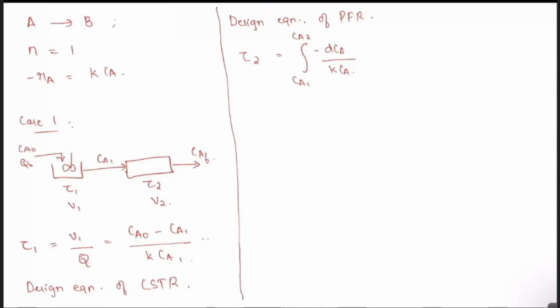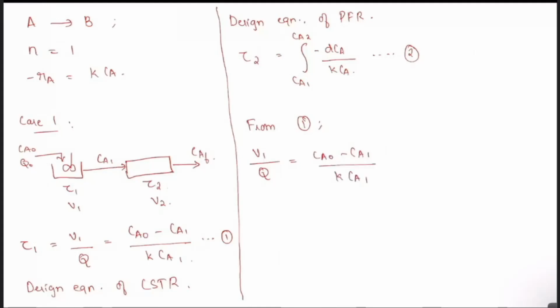So let us take this as equation 1 and this as equation 2. So now from equation 1 we have V1 by Q is equal to CA0 minus CA1 by k CA1.